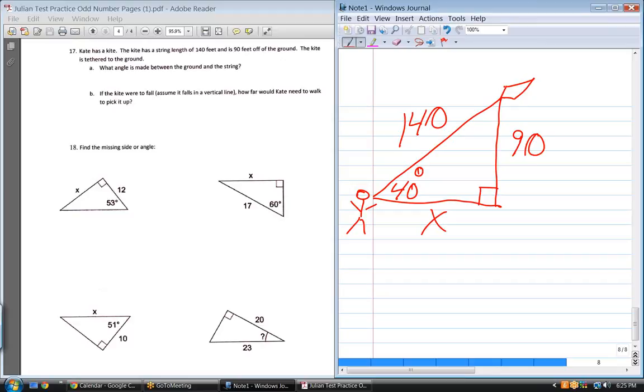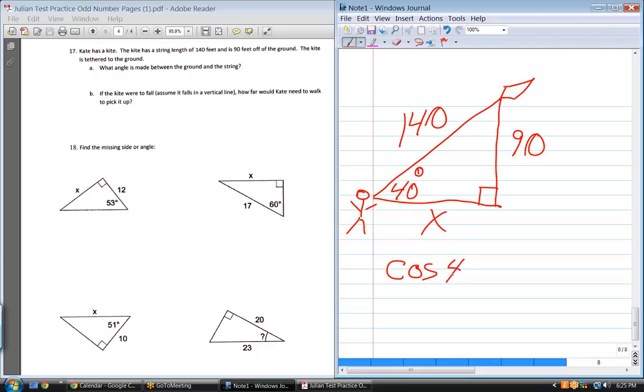Alright, so cosine? Yeah, so what can I say? What equation can I write? Alright, so cosine of... What do you call that? You're always taking trig functions of angles.